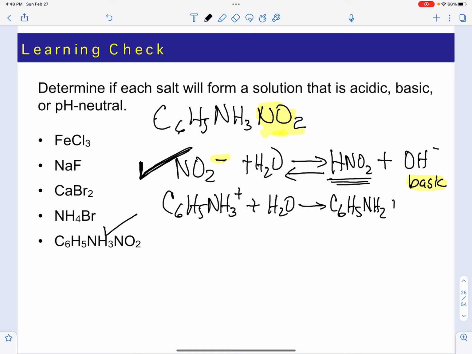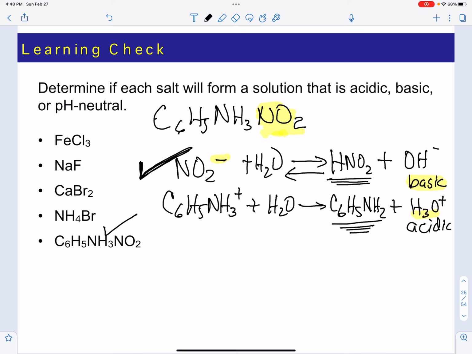And that proton is going to go to the water, increasing the hydronium concentration. So because it's forming hydronium, this is going to be acidic. Only if this can be made.